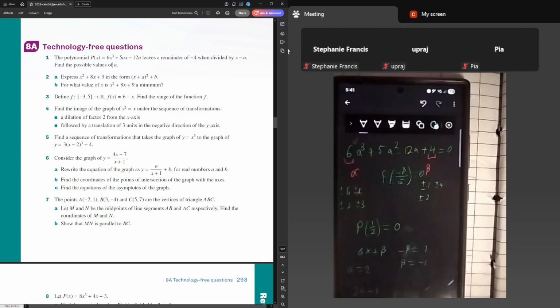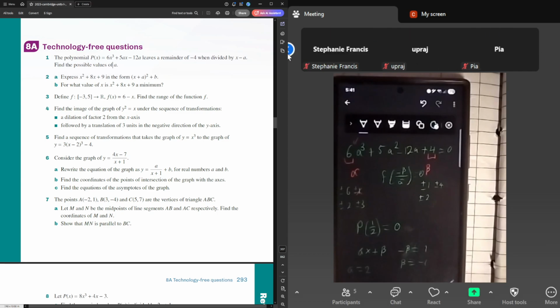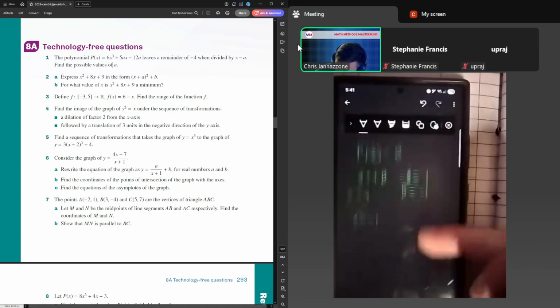Factorizing. How do we use 2a minus 1 being a factor to help factorize a polynomial? Polynomial division. We use polynomial division.